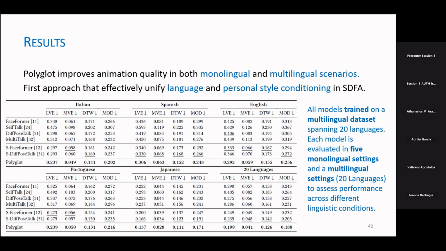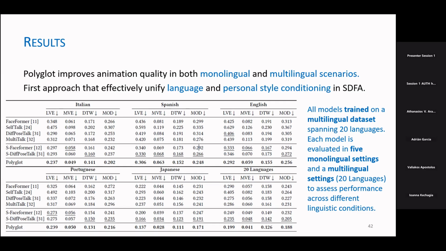And here you can see some results. So in this table, what we did is to train our system with 20 languages and then try to generate the output for different languages, so Italian, Spanish, English, and so on. And so what we observed is that in general training with more languages is effective also for generating a specific language.